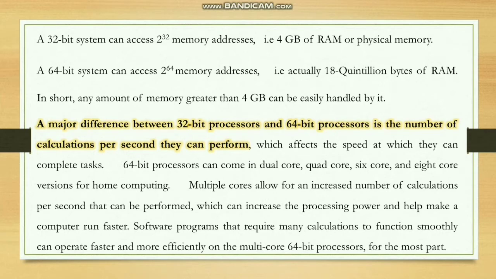So a 64-bit processor can come in dual core, quad core, 6 core, 8 core, and different versions for home computing also. When you come to know about the processor speed, you have to think about two things.